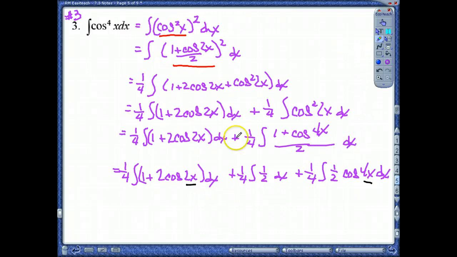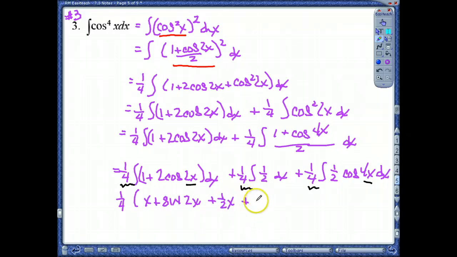So when I integrate all of this, I'm going to have 1/4. And notice I have 1/4 in front of everybody here. Here's my 1/4, 1/4, 1/4. So I'm just going to pull that 1/4 out in front. Okay, and then I have x plus sine of 2x plus 1/2 x plus 1/8 sine of 4x plus C. So I pulled that 1/4 out that was in front of all of the integrals.